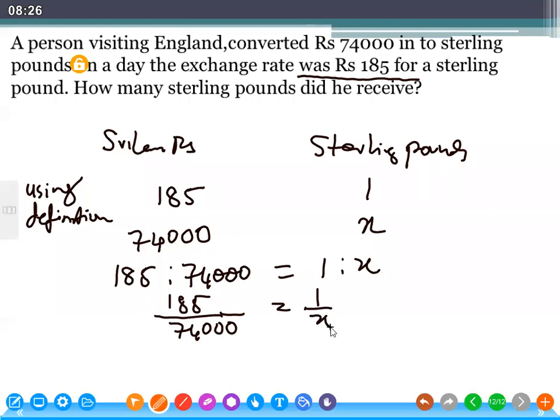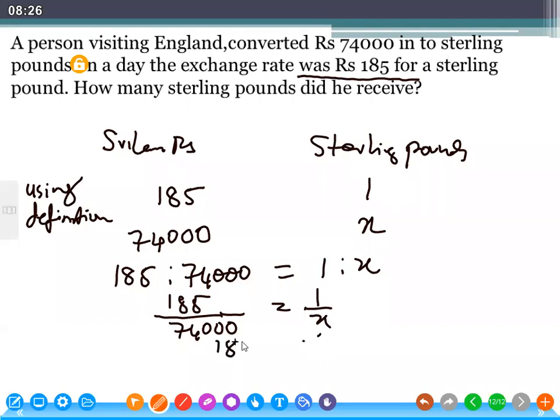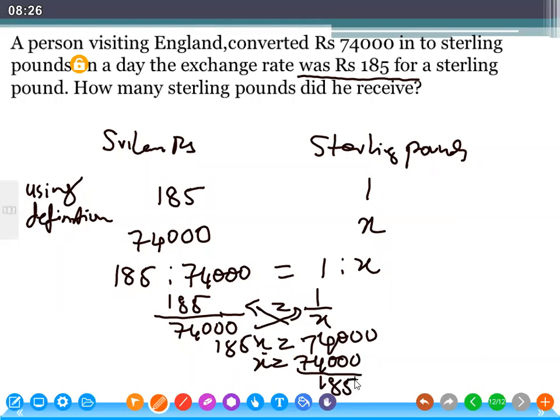To find the value of x, I'm going to do the cross multiplication. x into 185 is equal to 74,000. To find the value of x, you have to divide by 185. If you simplify this, x will be 400 sterling pounds.